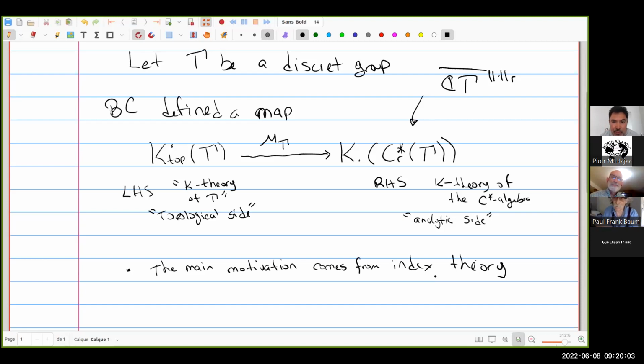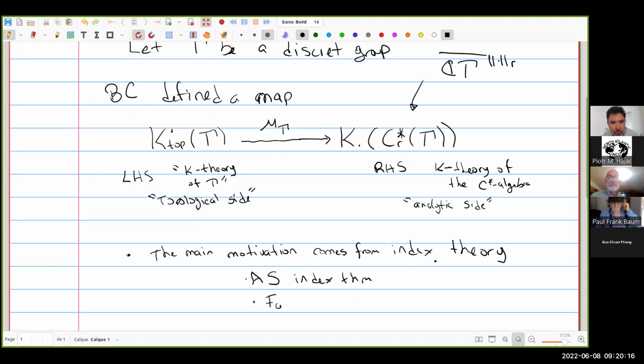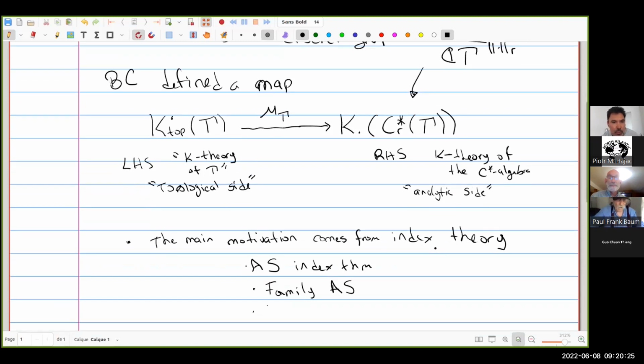I mean by this the classic Atiyah-Singer index theorem, but also the family version that I will mention very briefly. This is the first point of motivation, a family Atiyah-Singer version. And later on, it was motivated by some results of Connes and Skandalis, for example, or at least from my point of view, the index theorem.